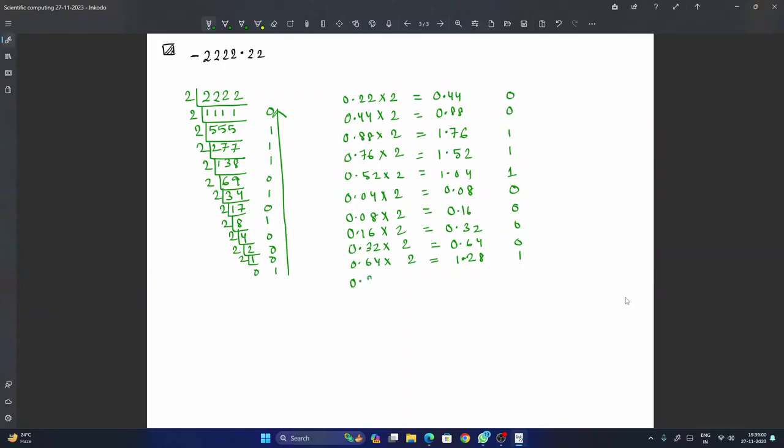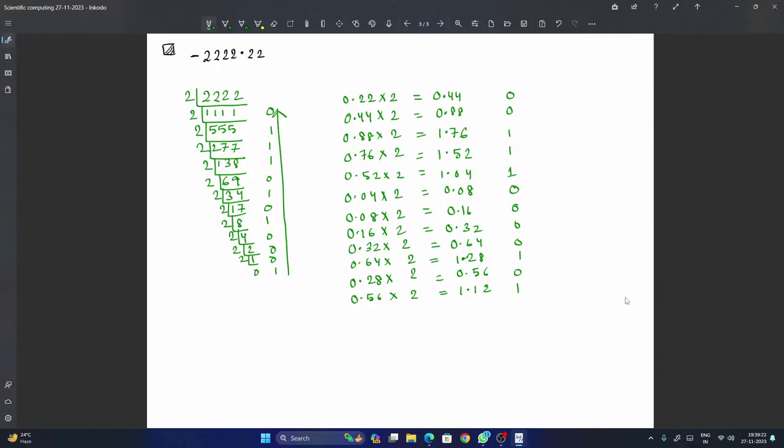Then 0.28 into 2, 0.56, 0. 0.56 into 2 is equal to 1.12, 1. That makes 12 digits.